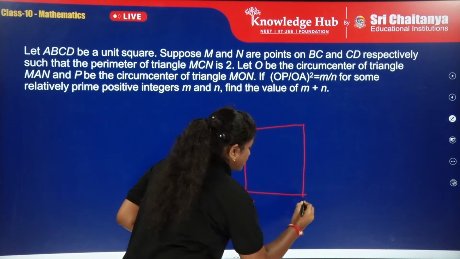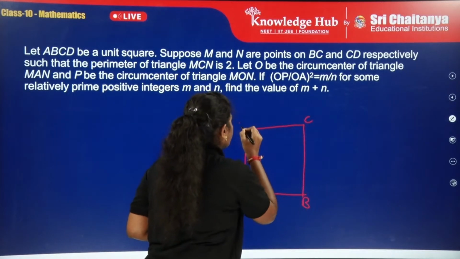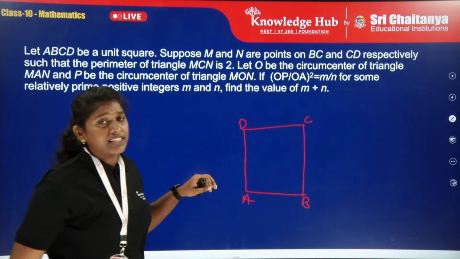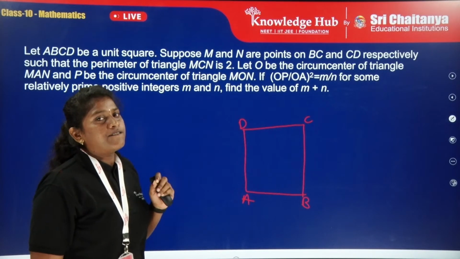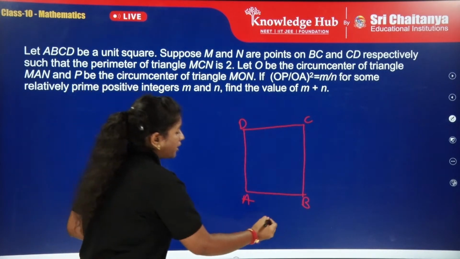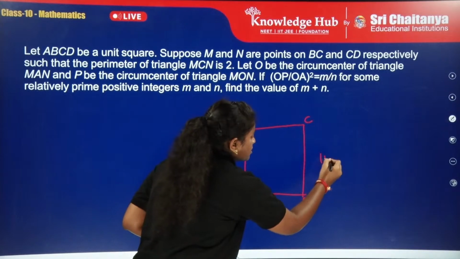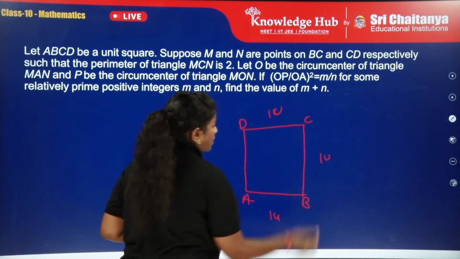Unit square means every side has length 1 unit. So AB will be 1 unit, BC also 1 unit, and DC also 1 unit.